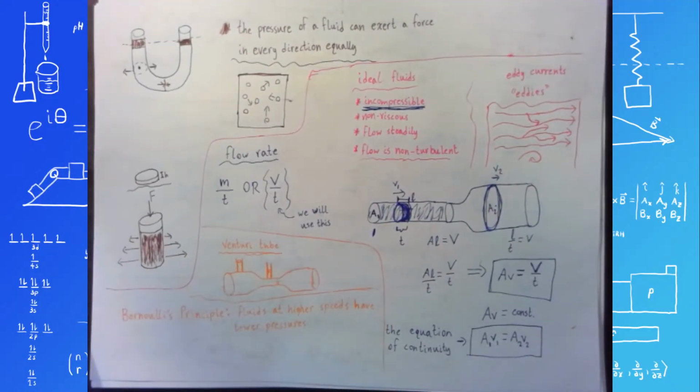Similar to this is why you are supposed to stay behind the line that they indicate at subway stations or train platforms. You're not supposed to get too close to the rails that the incoming train or vehicle is going to be passing through. The reason is that if it's moving at a high speed, then the air around it would have to be moving at a high speed, since it's pushing the air around it out of its way.